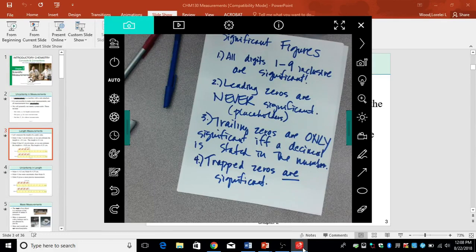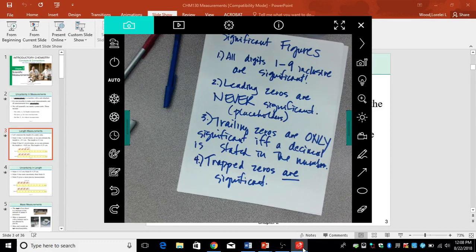So all those zeros would be significant if the decimal's there, including the one after the decimal. If you have another digit here, if it's a zero, is that what you're asking? Yeah. Absolutely. Good question. Trailing zeros are still in that rule that if there's a decimal, they're all significant. So if that's significant and that's significant because of that, then all the zeros in between are also significant. Good question.